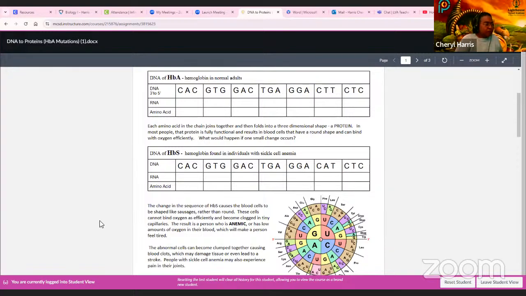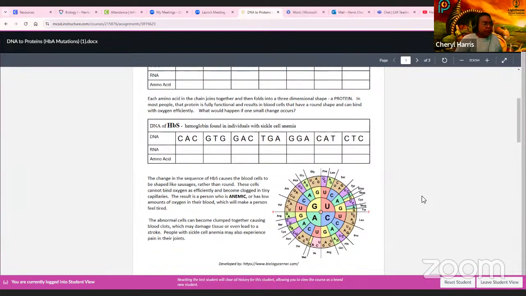Any questions? Anybody need me to re-explain a portion of this? Are we good? Everybody was able to download the worksheet? All right, so for you, this is due tomorrow.